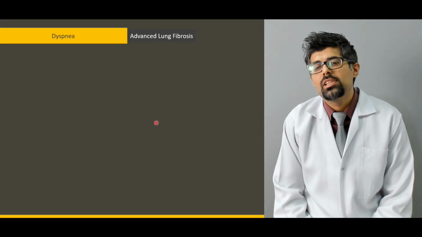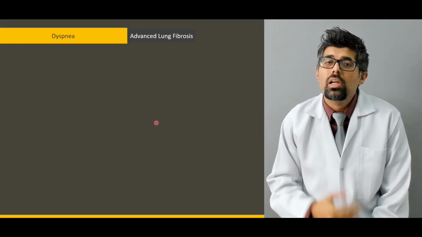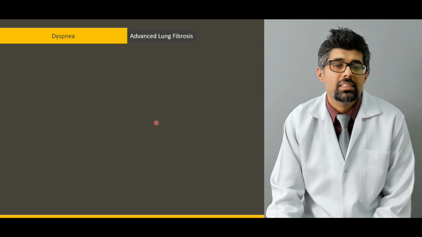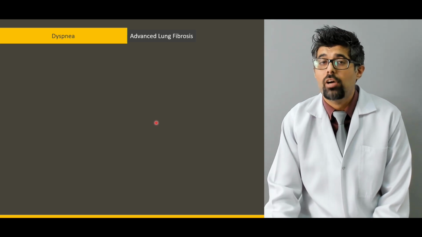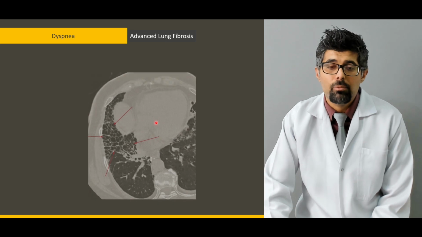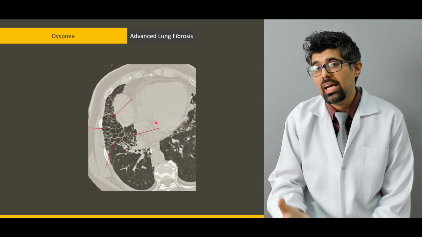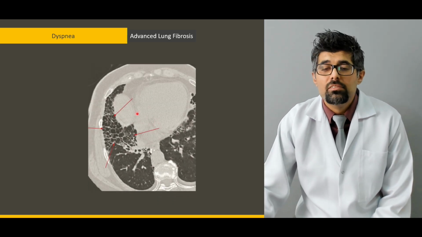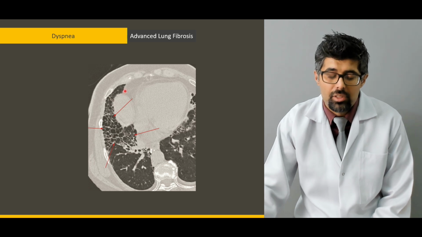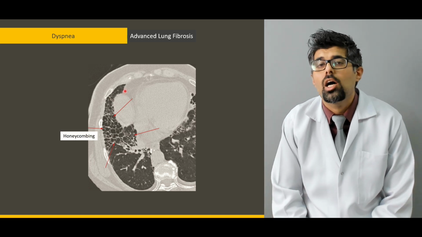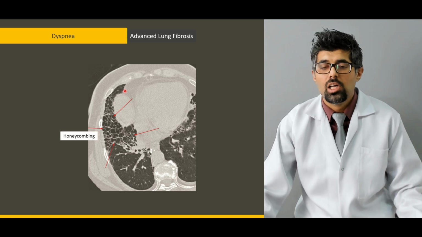Another cause of dyspnea that is very common and can be examined on a CT scan is an advanced lung fibrosis. Now, this fibrosis, usually on an axial CT scan, gives us a special appearance which we call honeycombing.